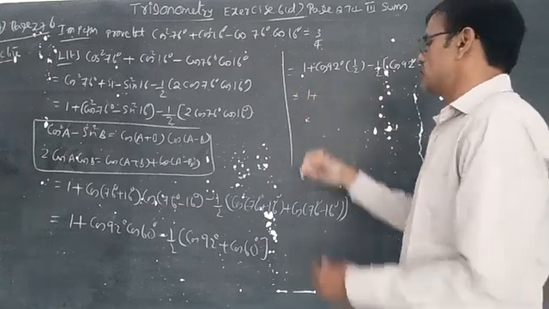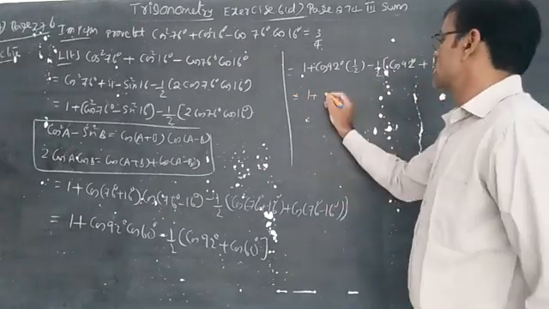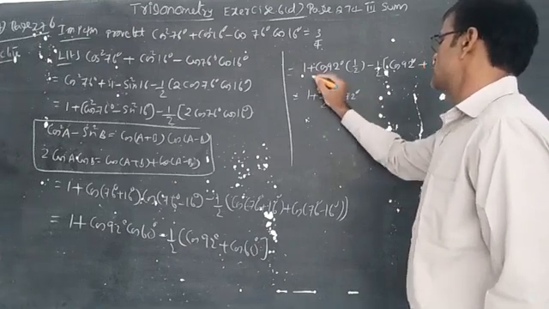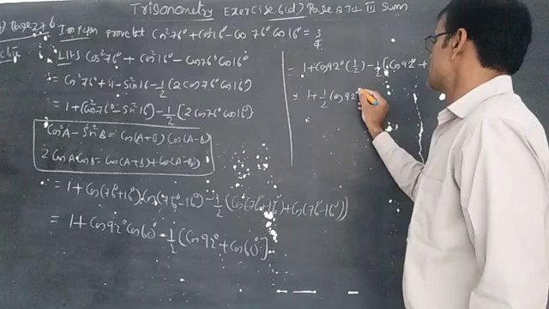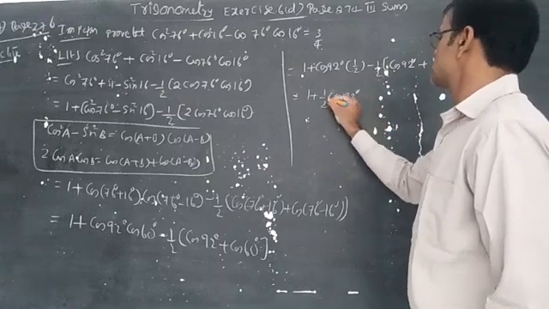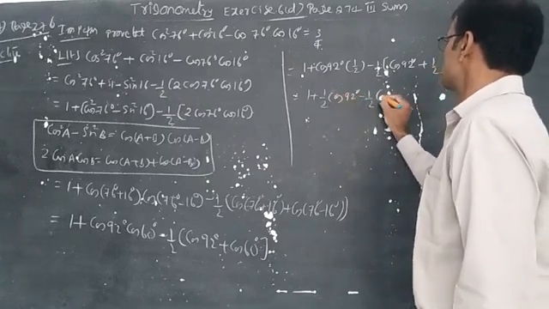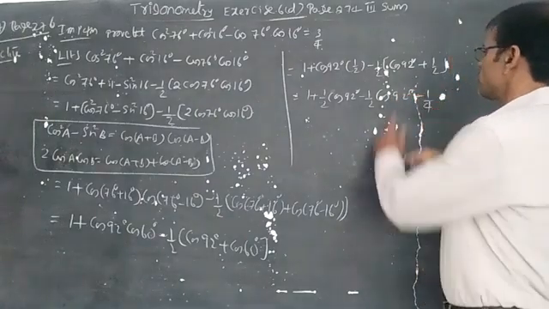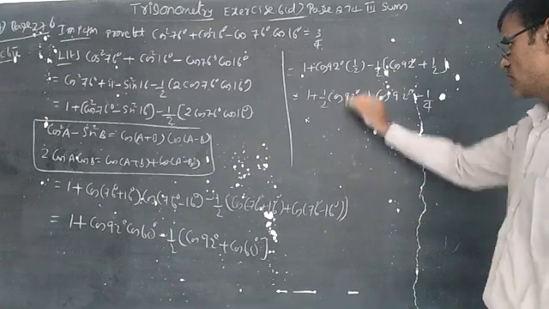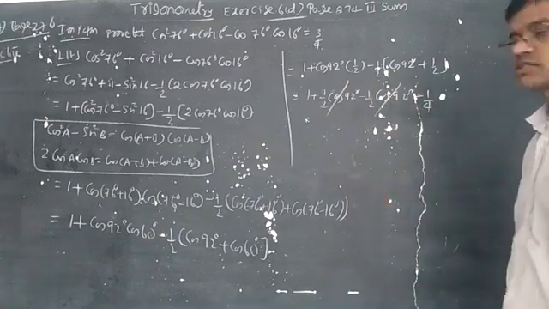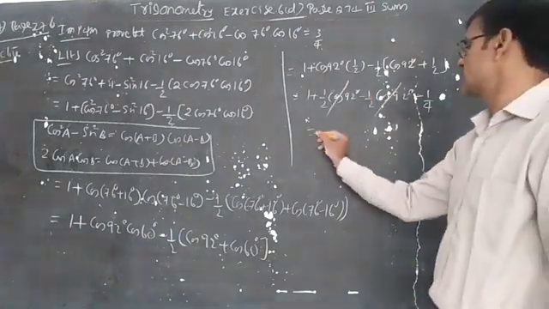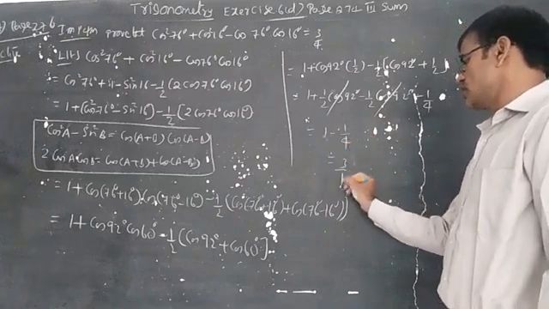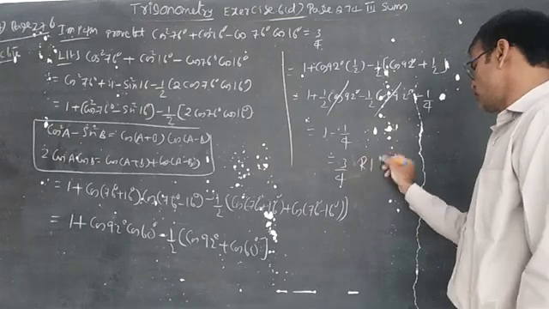That is equal to 1 plus 1 by 2 into cos 92 degrees minus 1 by 2 into cos 92 degrees minus 1 by 4, because 1 by 2 into 1 by 2. Here plus 1 by 2 cos 92 degrees and minus 1 by 2 cos 92 degrees get cancelled. Now you can write 1 minus 1 by 4. By taking LCM you can understand it as 3 by 4.